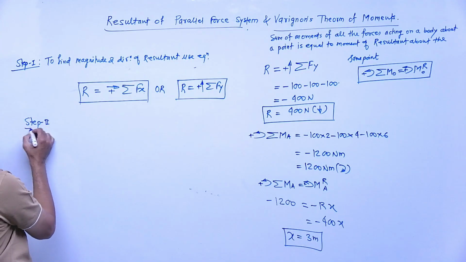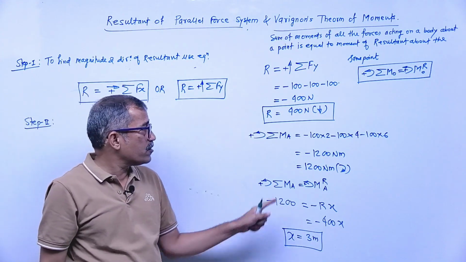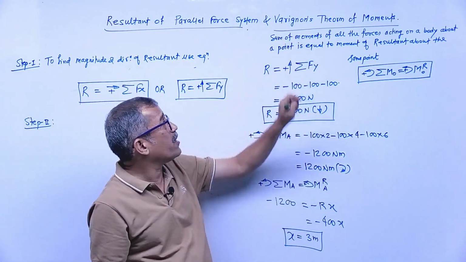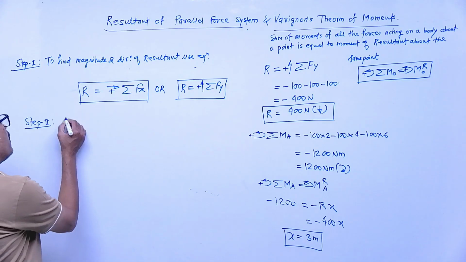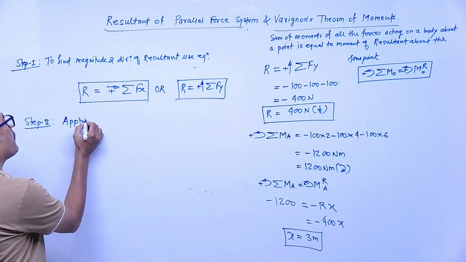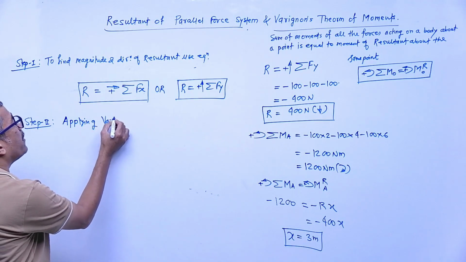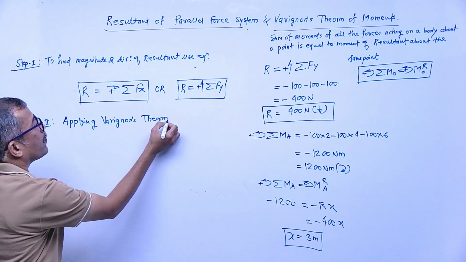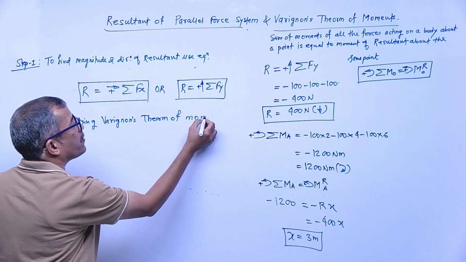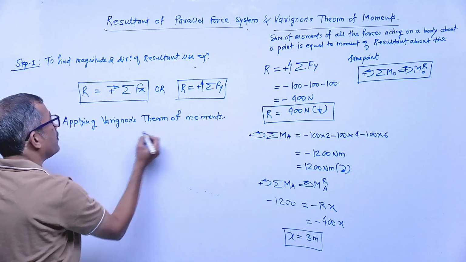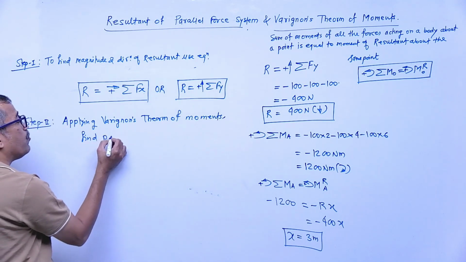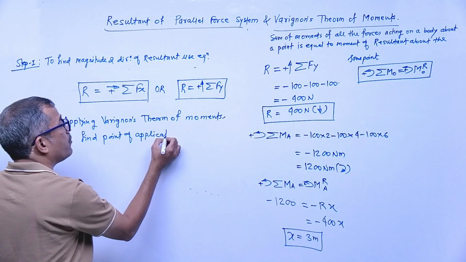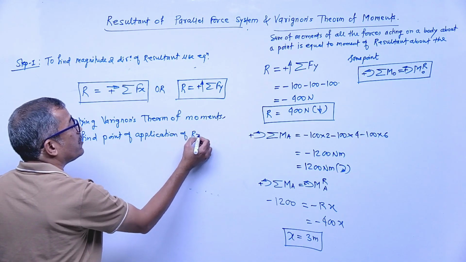What happens in step number 2? You will get the point of application of resultant, and you will get this using this equation, which represents Varignon's theorem of moments. Step number 2 is applying Varignon's theorem of moments to find the point of application of resultant.